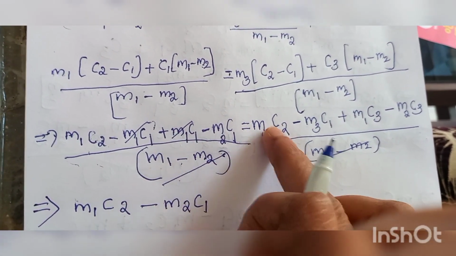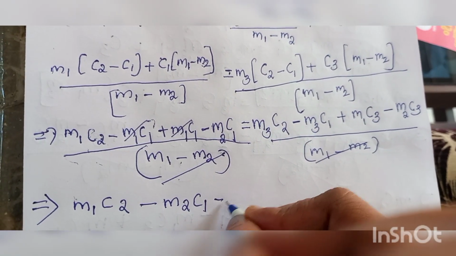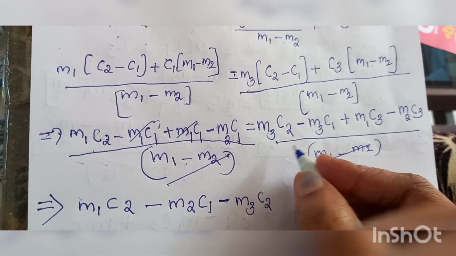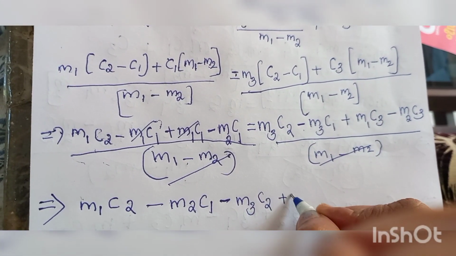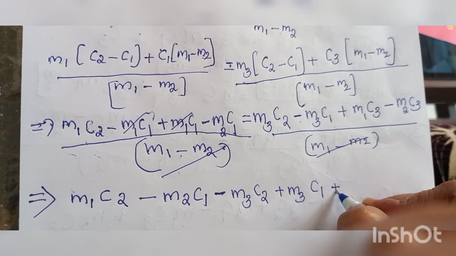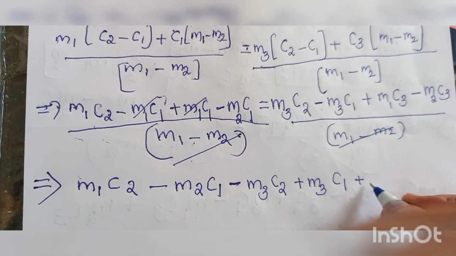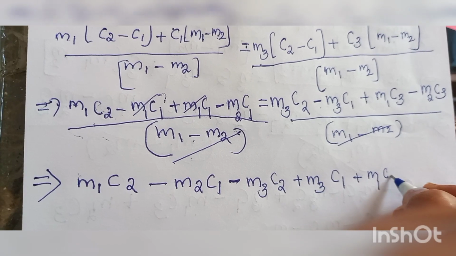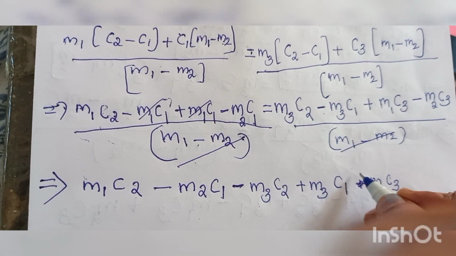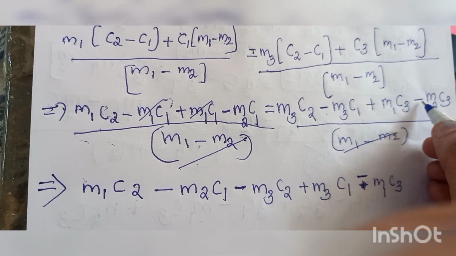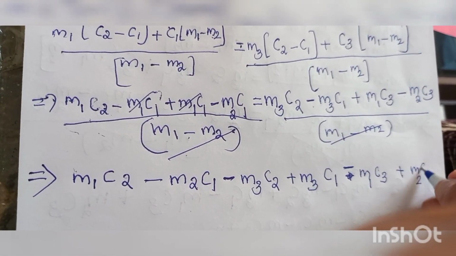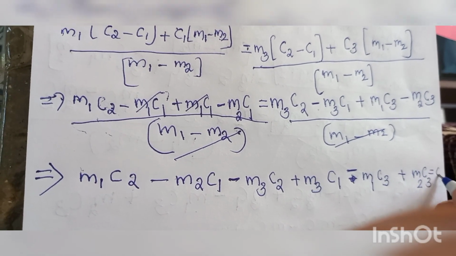Transpose these terms to this side. So we get minus m3c2 plus m3c1, plus m1c3 transposed to this side, so it becomes minus, then this term becomes plus m2c3, which is equal to 0.